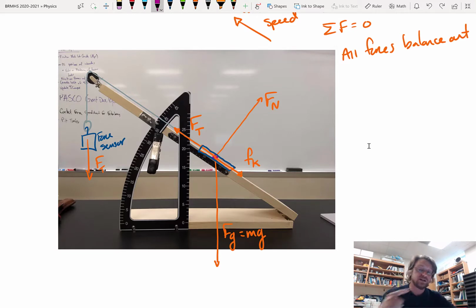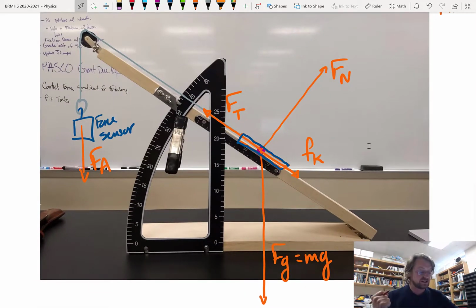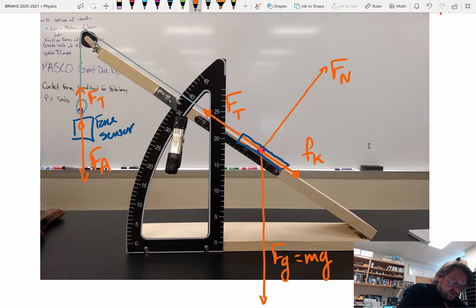Up the incline, we've got tension in the direction of its motion because we're pulling it at a constant speed. We've got our Fk. You could probably call this your applied force. Change that, because your applied force is pulling down on the force sensor and the tension is pulling up. Nothing's accelerating, so these got to balance out.